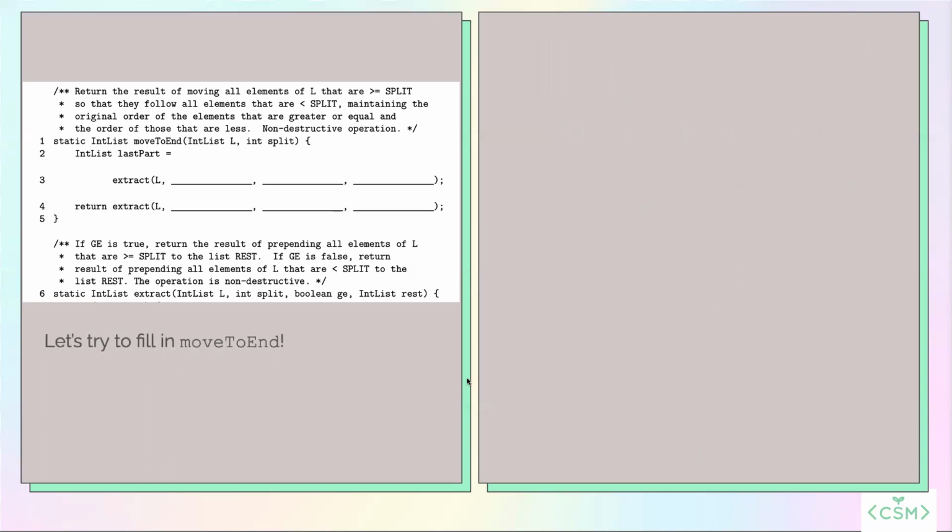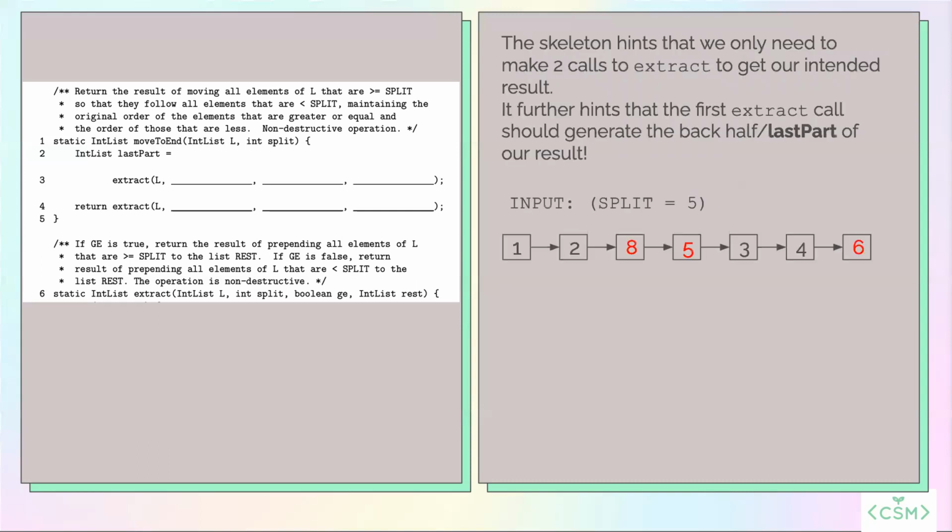Now let's try to fill in moveToEnd. We can see from the skeleton code that moveToEnd basically just involves two calls to the extract function. It further hints that the first extract call should generate the back half, or the last part, of our result, right?